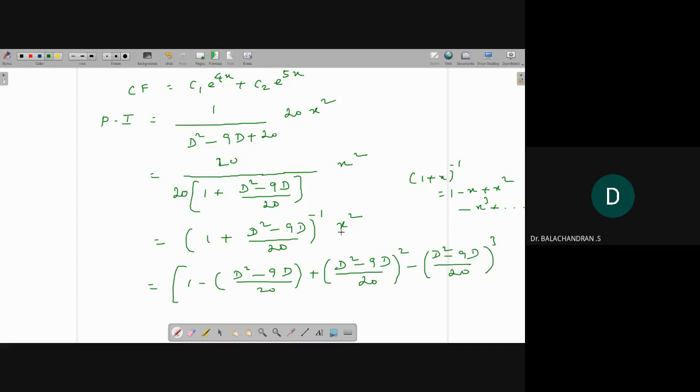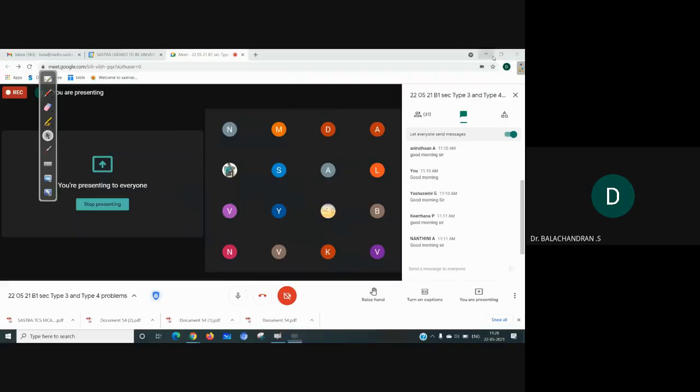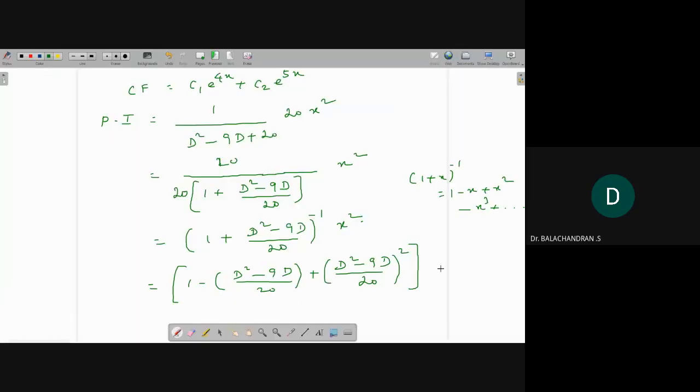D cube of x square is 0. So I don't even need this term. I will stop up to x square. Did you get it, Yashaswini, now? Yes, sir. Okay, so this is x square.